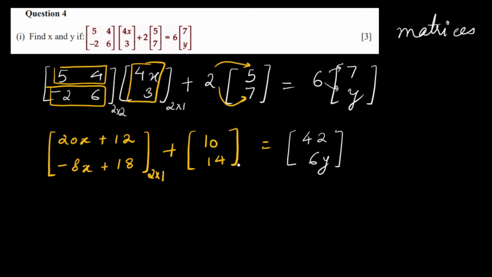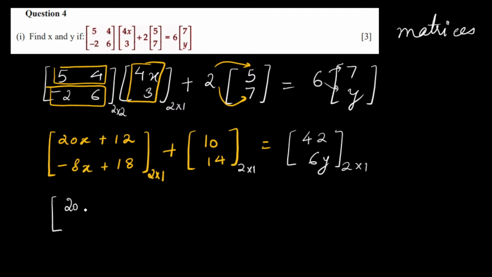So I have gotten here three matrices, one on the right side and two on the left side, and the order of all the matrices is the same, 2 into 1. So 2 rows, 1 column. If you see the left hand side now, two matrices we have to add. Normally, like addition, we can add.